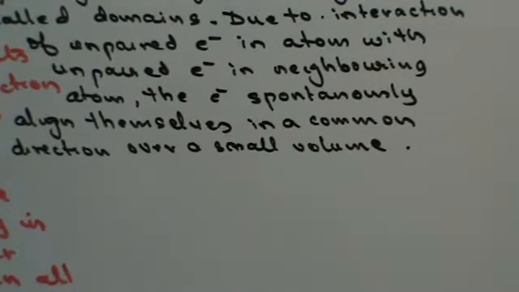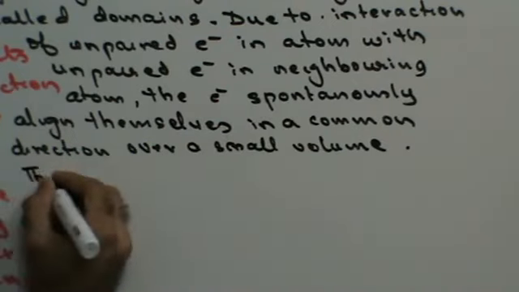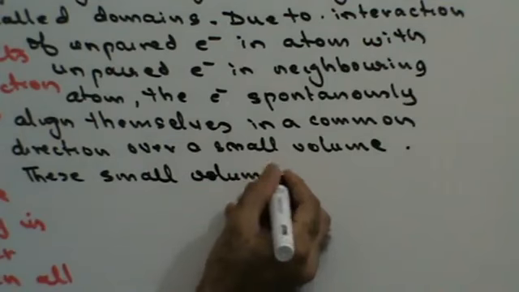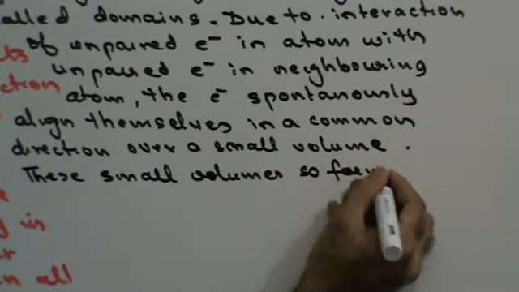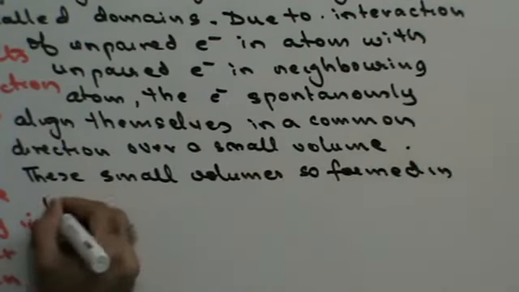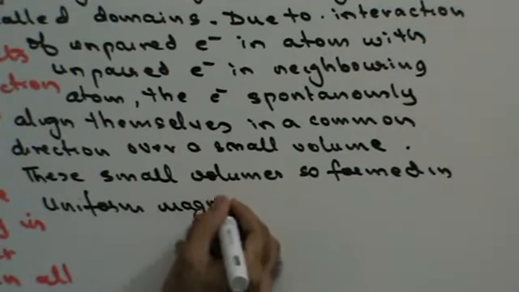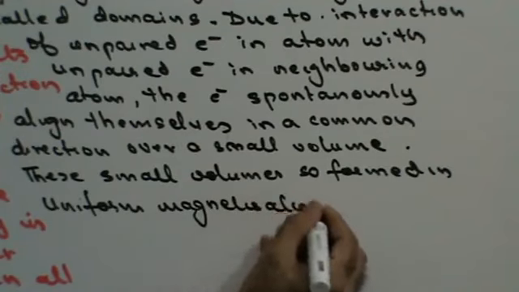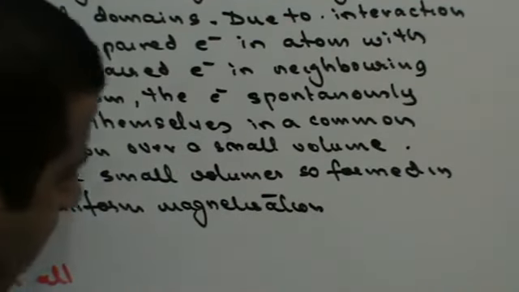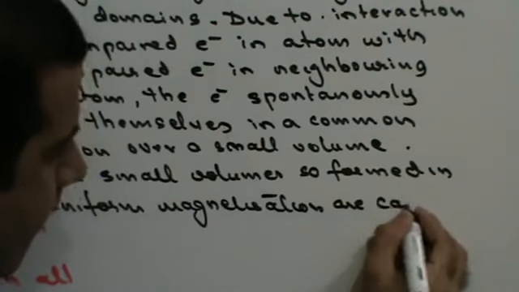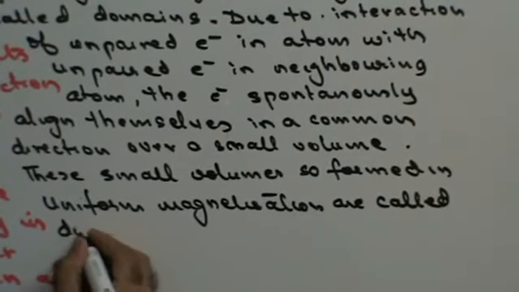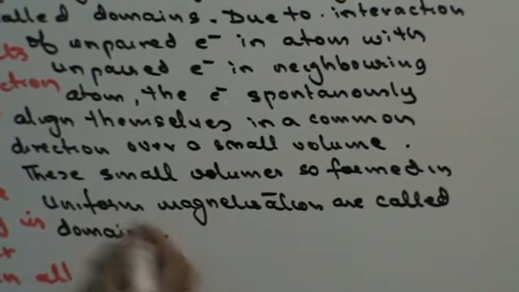These small volumes so formed in uniform magnetization are called domains, right?